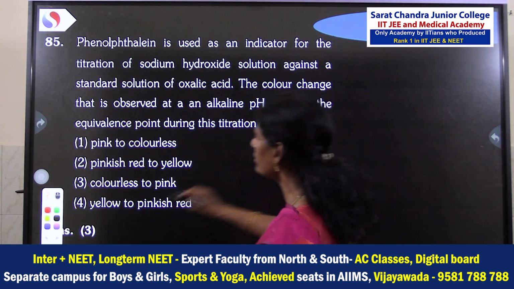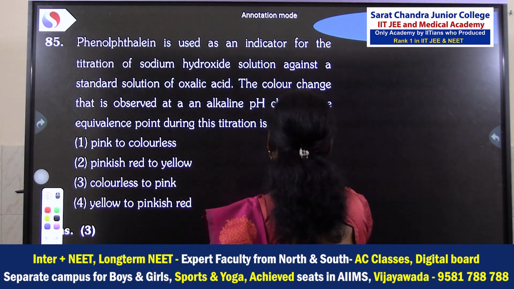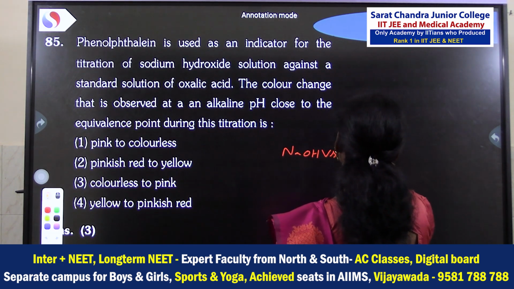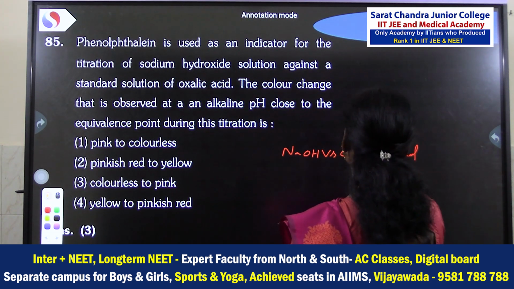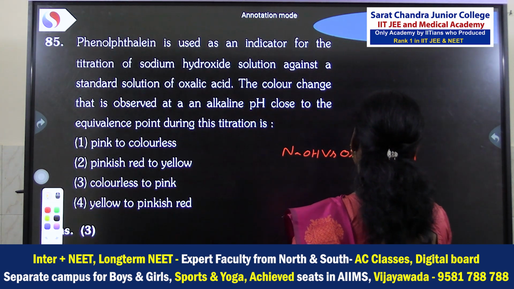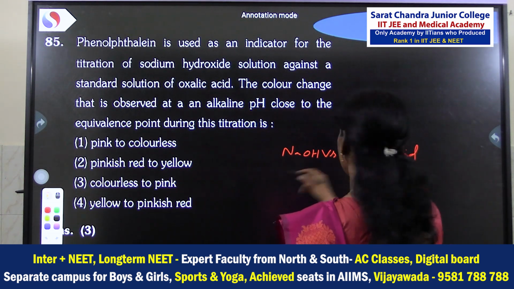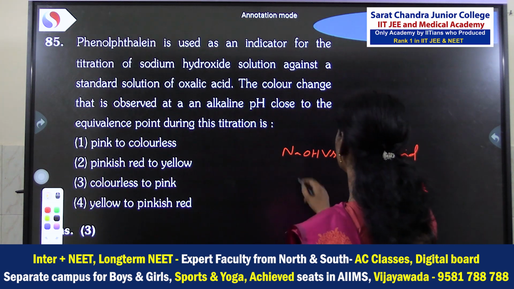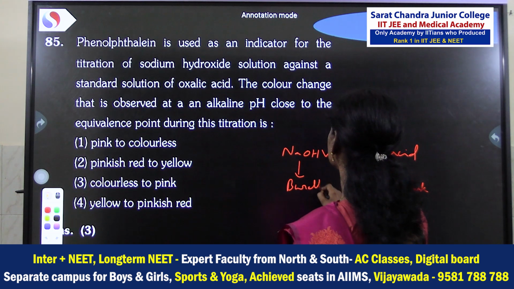So in the NaOH versus oxalic acid titration, the oxalic acid is taken in a conical flask, and to this, phenolphthalein indicator is added. And NaOH is generally taken in the burette.